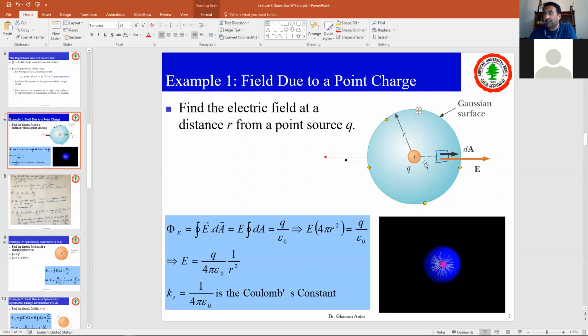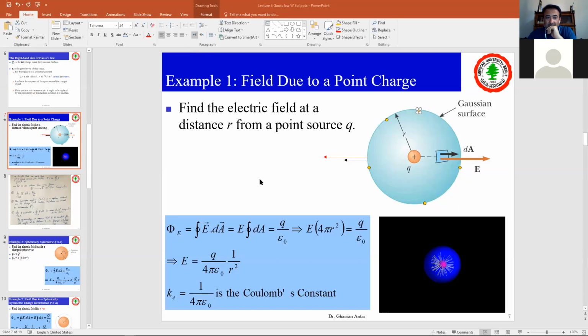Anywhere I am, because I am a distance r, there is no real reason why the electric field at this position would be greater or smaller at that position, especially since my Gaussian surface is centered on the charge. So consequently, r is equidistant, everywhere at an equal distance from the charge.